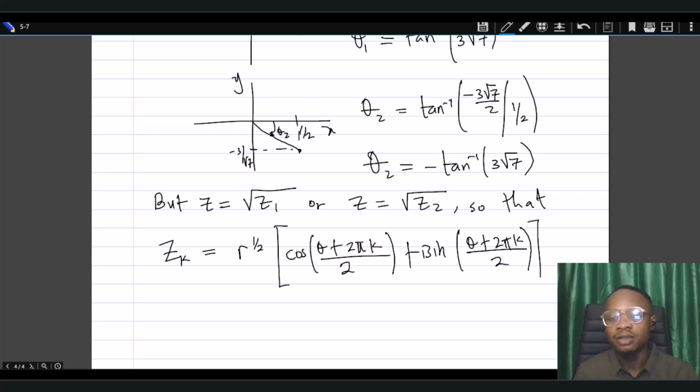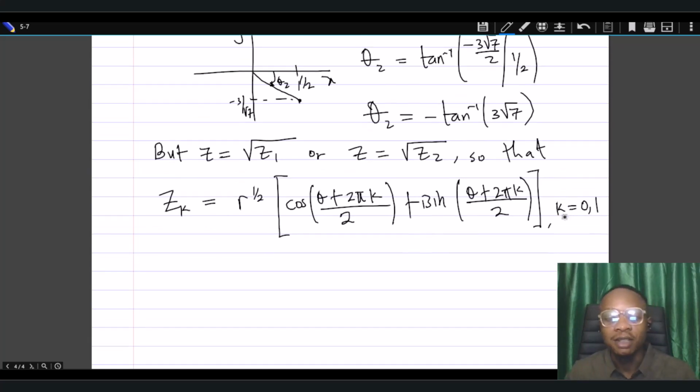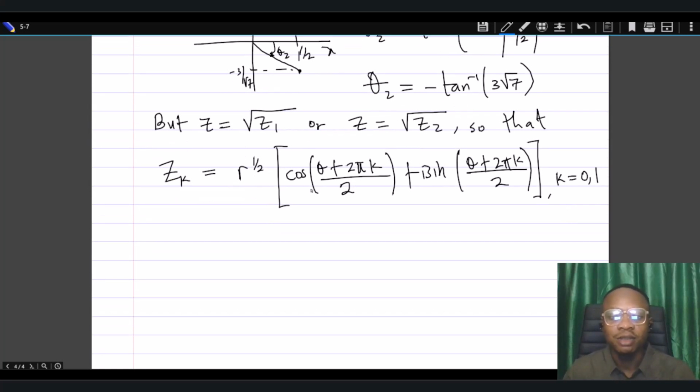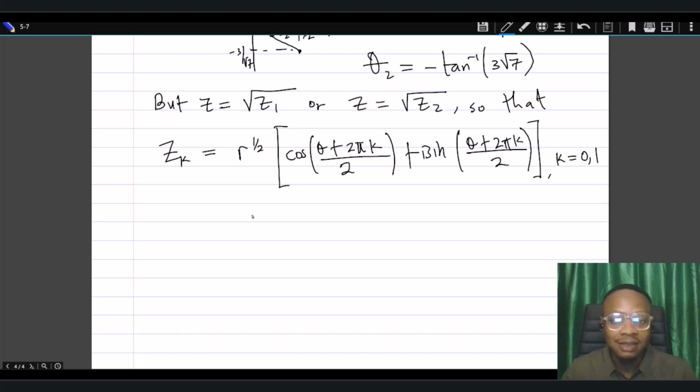And we close this off. Then we know that k in this case will be 0 and 1, okay, because we are interested in square roots. n is equal to 2, so we know our k should go from 0 to n minus 1. So n minus 1 in this case is 1, so it should go from 0 to 1. So that's basically what we have done here, and by that we are good to go, and we can now get what our z should be.